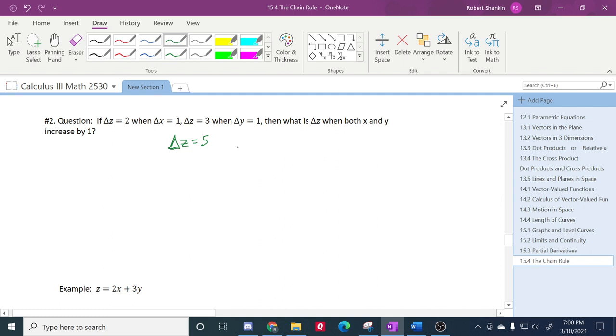If the y increased by 1, the z would increase by 3. So we see these relationships happening with this equation right here. And so when both of them increase by 1, we're going to get exactly this answer.